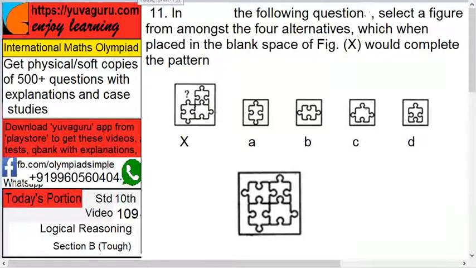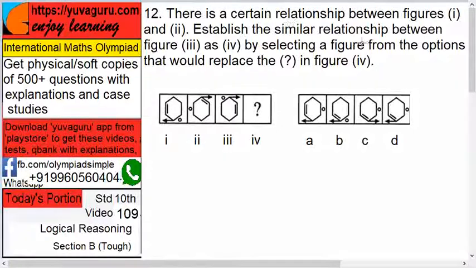Okay. Next, there is a certain relationship between the figures 1 and 2. Establish the similar relationship between the figures 3 and 4 by selecting a figure from the options that would replace the question mark. Quite simple. See this. 1 and 2 has a relation, we have to establish the same relation for 3 and 4. This arrow is down, arrow is up, opposite direction. So arrow is up in 3, so arrow down in opposite direction.